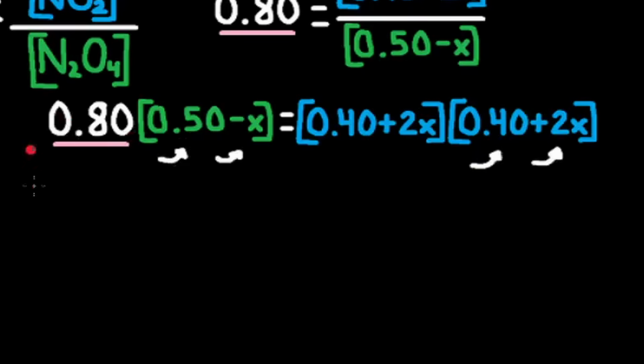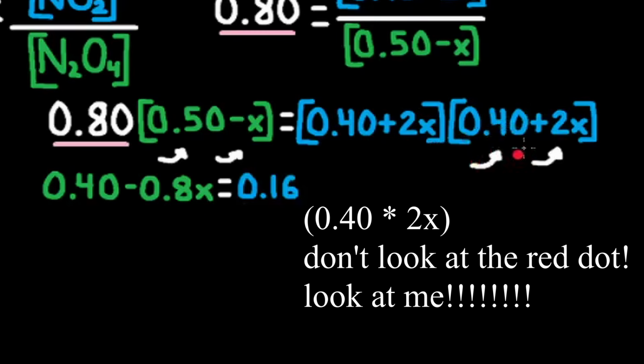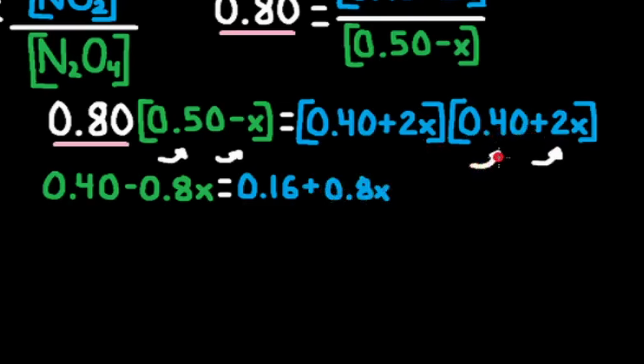So when we FOIL 0.80 into 0.50, we get 0.40. 0.80 multiplied by negative x will get us minus 0.8x. And this will be equal to 0.40 multiplied by 0.40, so we have 0.16. 2x multiplied by 0.40 gets us plus 0.8x. And 2x multiplied by 2x will get us 4x squared.